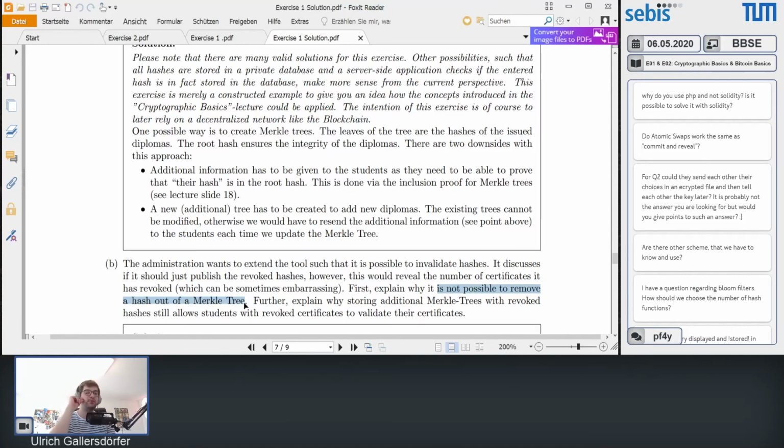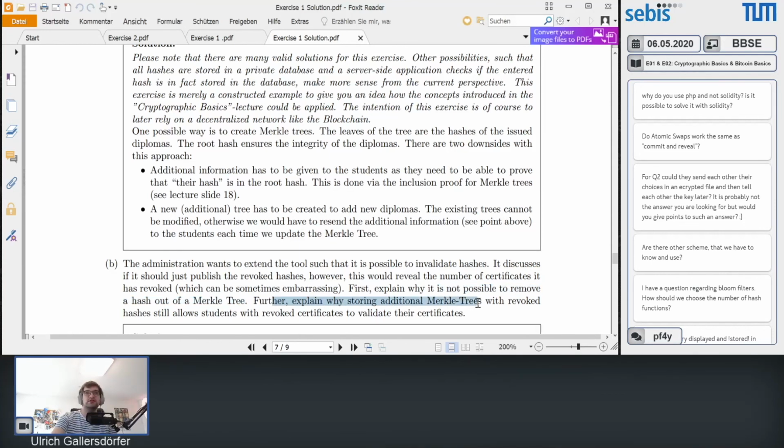That's the key point here. If you remove hashes from there, then all the other information becomes invalid and you would need to resend it. And that's obviously not really a good way, to send students a message like, okay, we updated our Merkle tree, please see new information here.